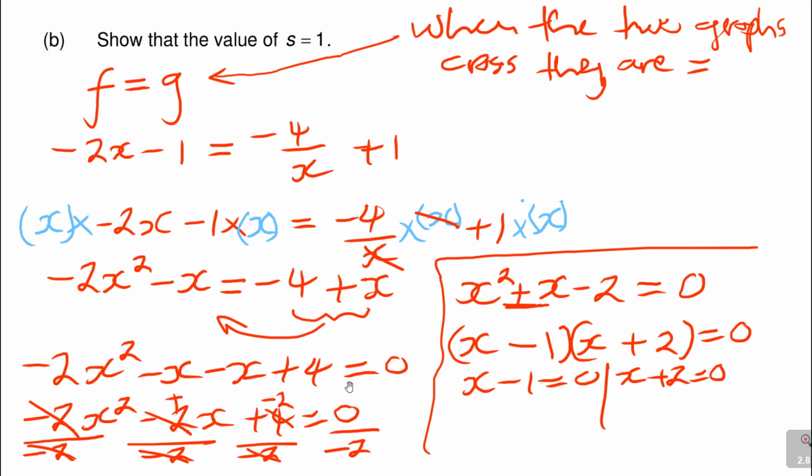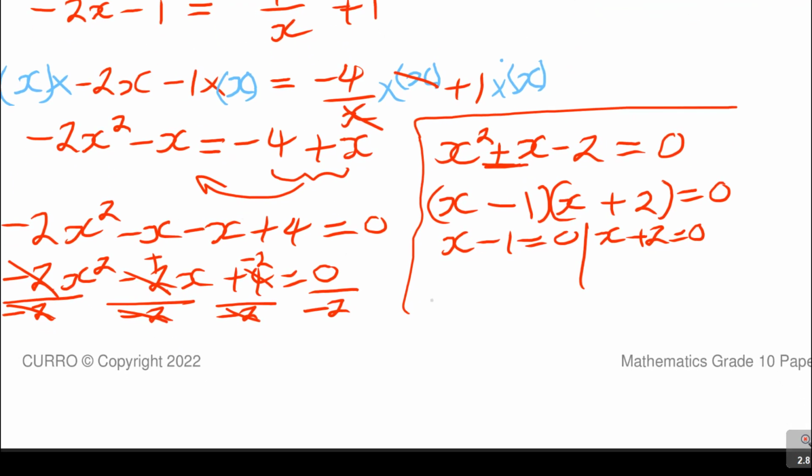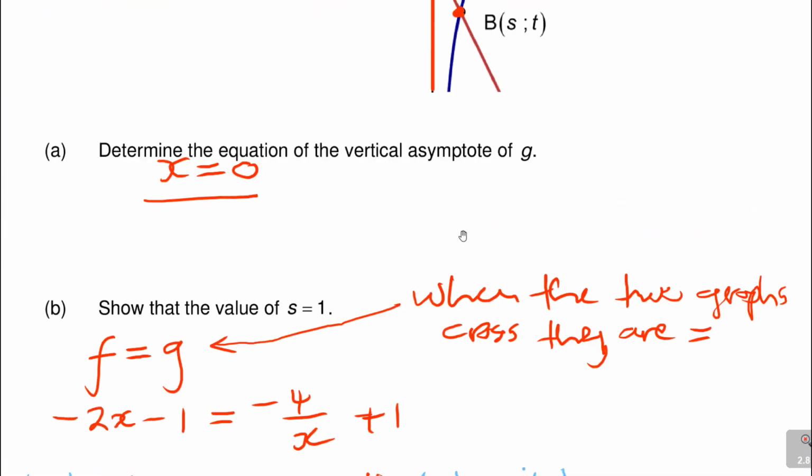That's how we're solving now for x. What we have now, x is equal to 1, or x is equal to negative 2. Now, look at this. Remember, we said this is where these points are equal. So we identify x is equal to 1 and x is negative 2.